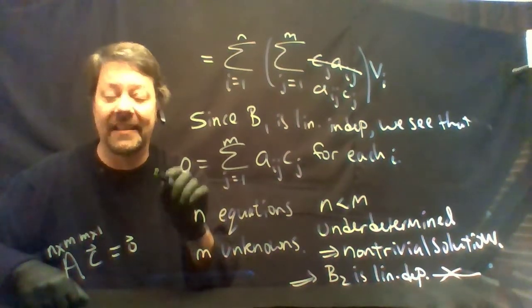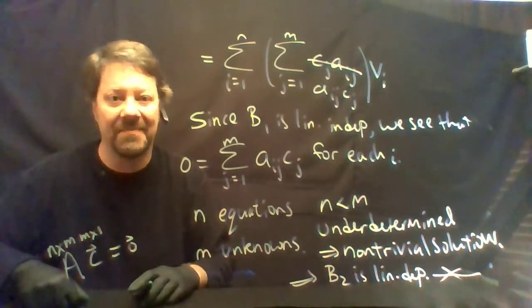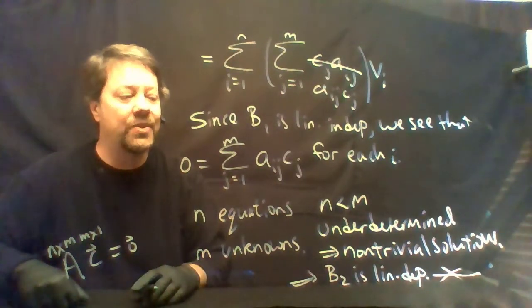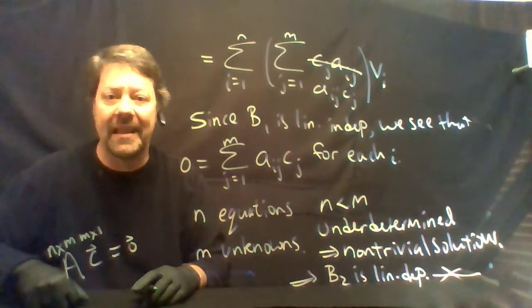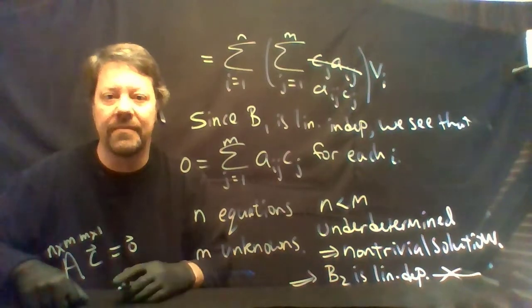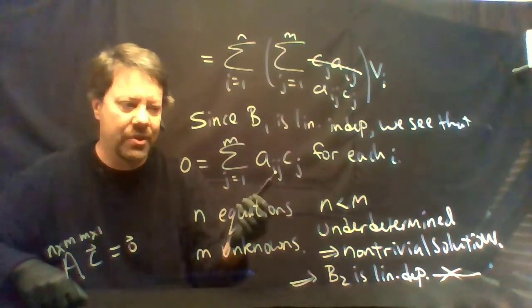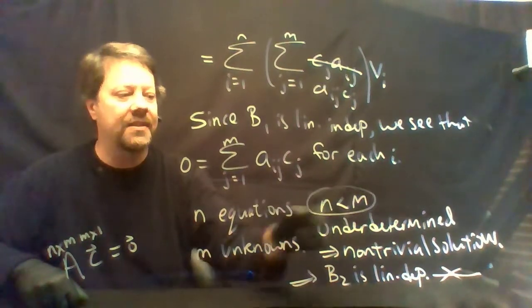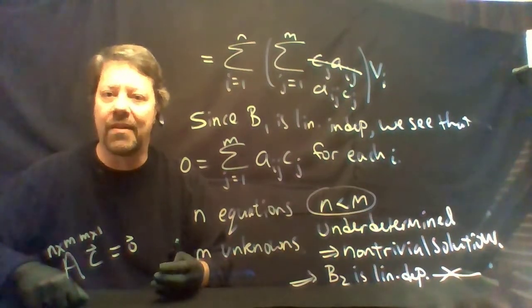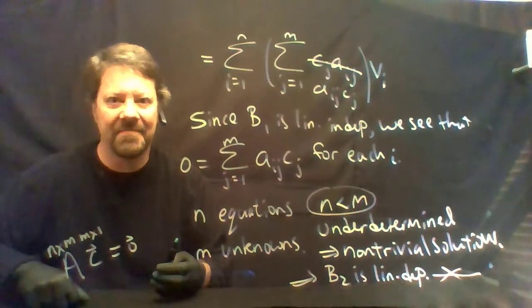A basis has to be a linearly independent spanning set. So some hypothesis that we have made is false, but the only hypothesis up for question is the hypothesis that M is strictly larger than N.